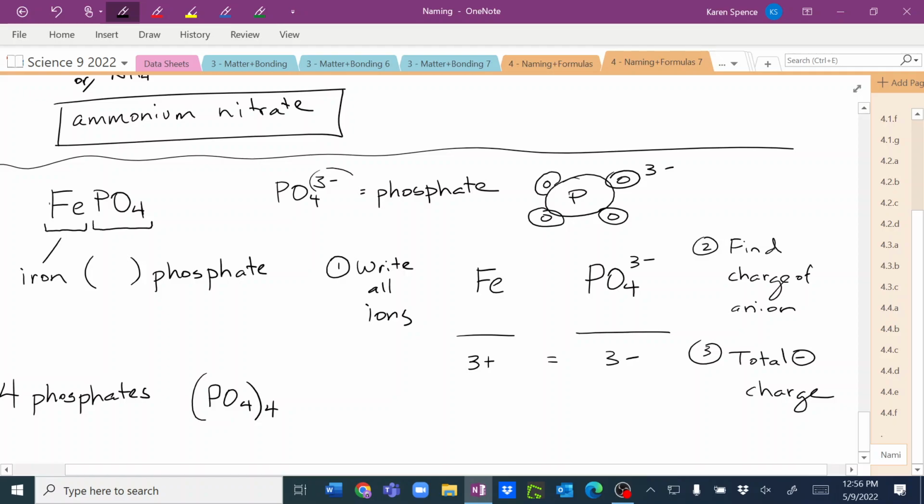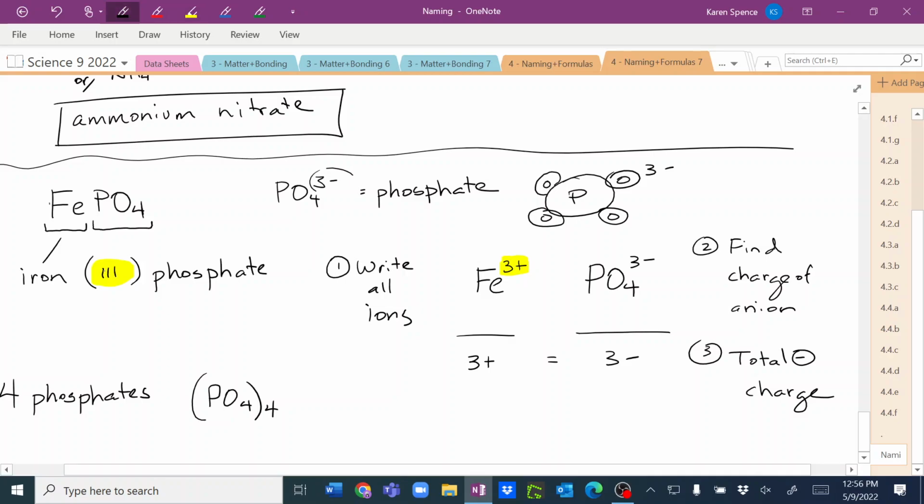And there is really only one place for that 3 plus to go. It's going to go on the iron, and we get 3 plus. Which means, what Roman numeral will we use for iron? 3.